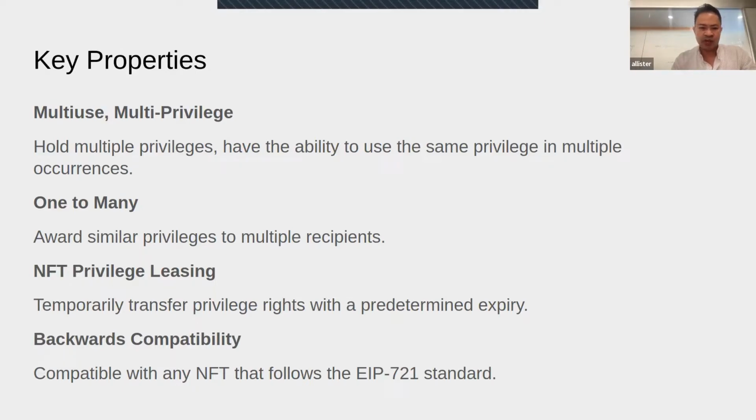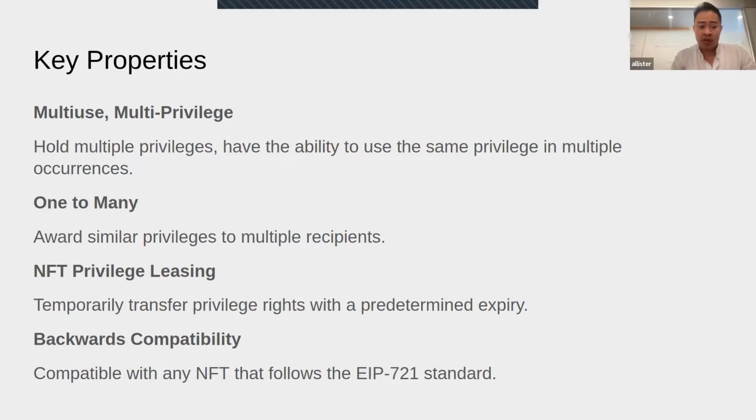In my example of the Afterpay New York Fashion Week collaboration, it would have been much easier to just do this on chain and better optimized to show, hey, person XYZ has access to this particular show. This particular show, because it's a special event, is a one-time privilege. But there may be other events that would leverage this ability.